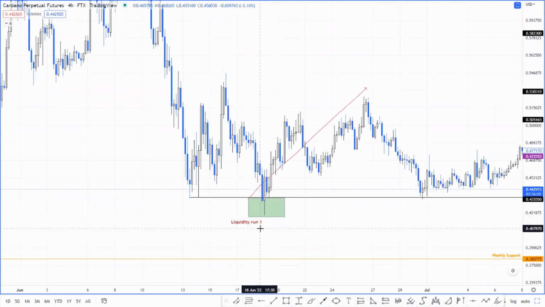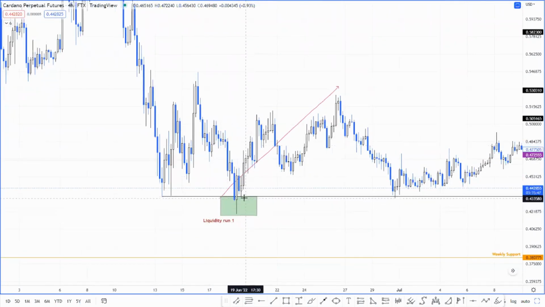A liquidity run is a sort of market manipulation where the price purposefully dips below the previously formed lows, collects the sell stop liquidity, and then goes in the opposite direction, before the price actually goes into the direction it should have gone. So this was the first liquidity run, where the price dipped on June 18th below the previously formed lows on June 13th. So this was a double bottom.